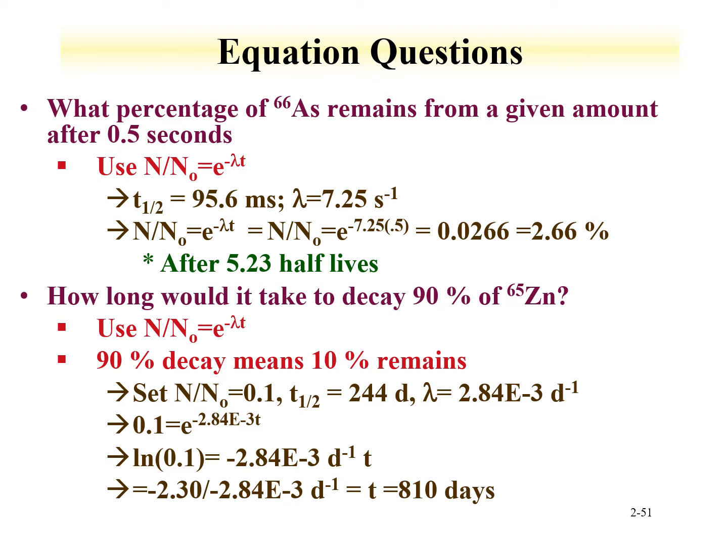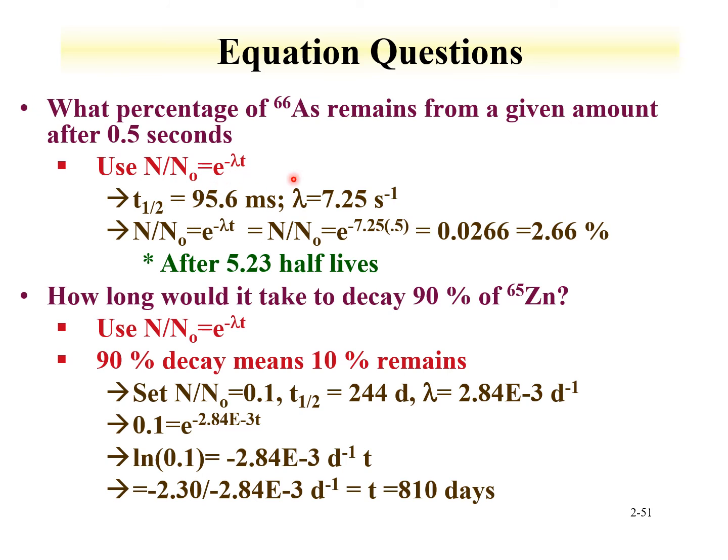If it's just a percentage, use the equation where I put in N naught, that's my initial amount. N at time t is this N value here. I want to figure out that ratio at the given conditions, so half a second.